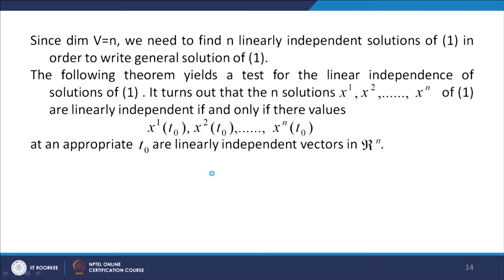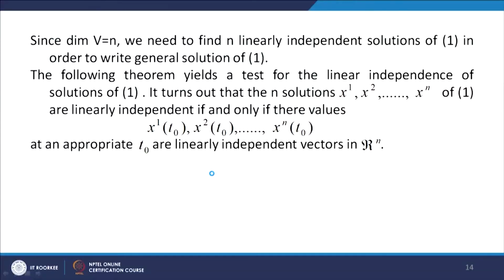So, you can see that to check the linear independence of the n solutions, it is very easy. What you do, you choose a suitable, convenient t naught, and then evaluate the values of the n functions x1, x2, xn at t equal to t naught and check for the linear independence of the n vectors x1(t naught), x2(t naught), xn(t naught) in Rn. So, let us look at the theorem.